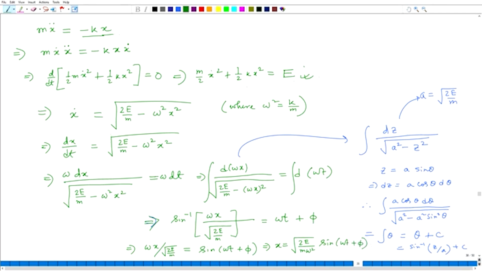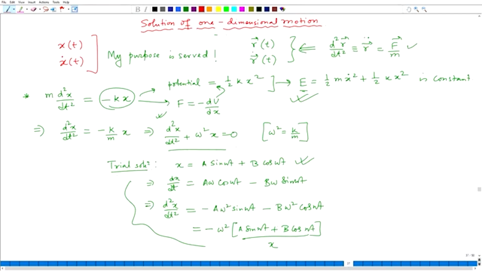Okay. You see here, you can find another solution which is exactly of this same form.